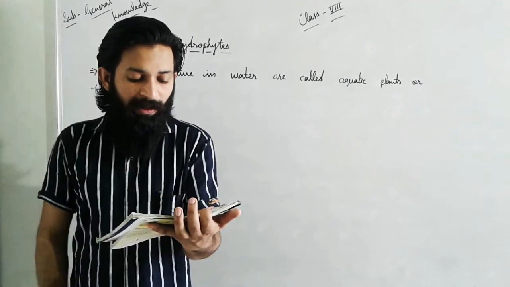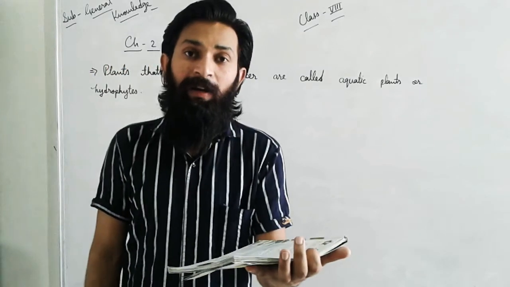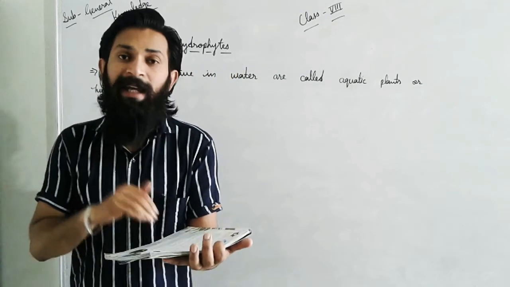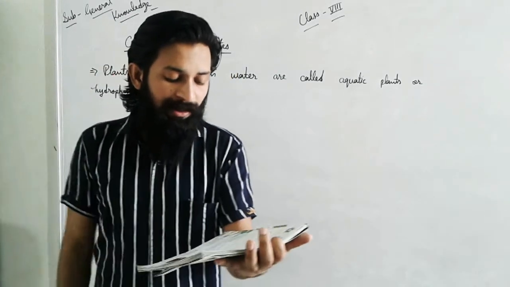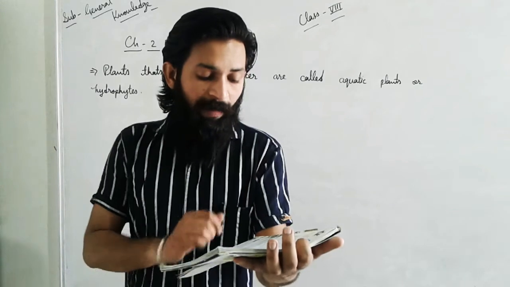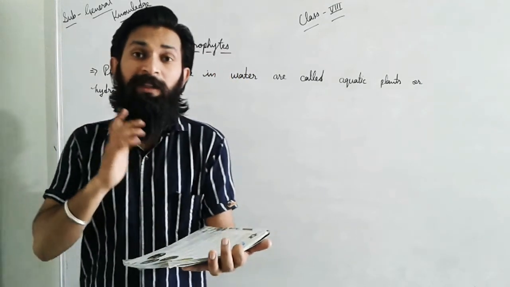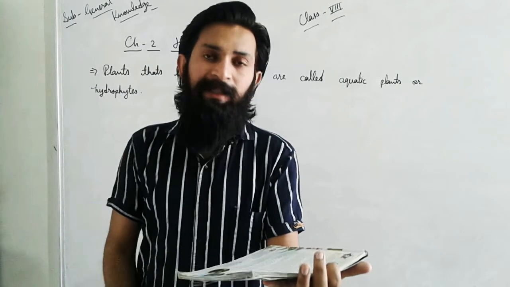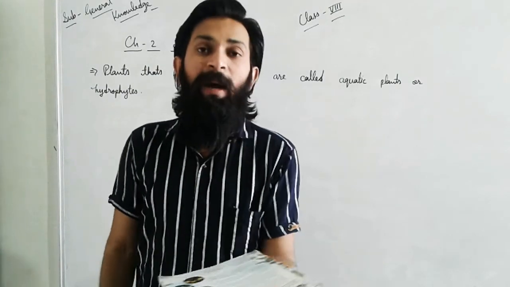Fourth is the free floating carnivore plant that digests aquatic insects, the water wheel plant. And fifth, the plant with little yellow flowers and bladders that digest insects, that is bladderwort.